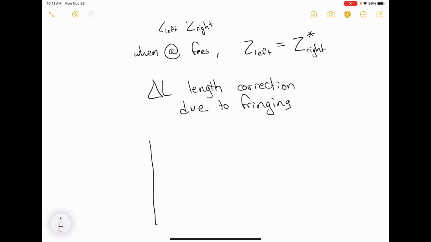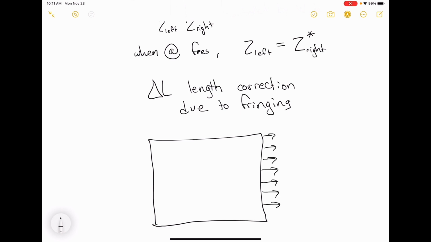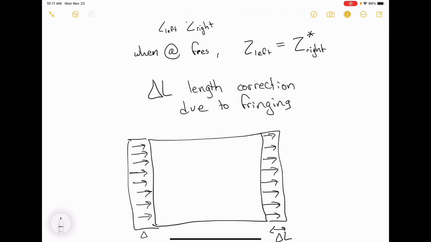Because those equivalent magnetic currents are not right at the edge of the antenna. They're sort of in this region where the fringing fields are. So this distance is basically delta L. Same thing on the other side. I'm drawing these little electric field vectors in here. And this distance is delta L.